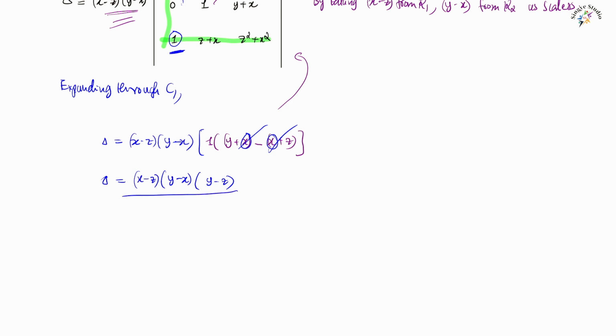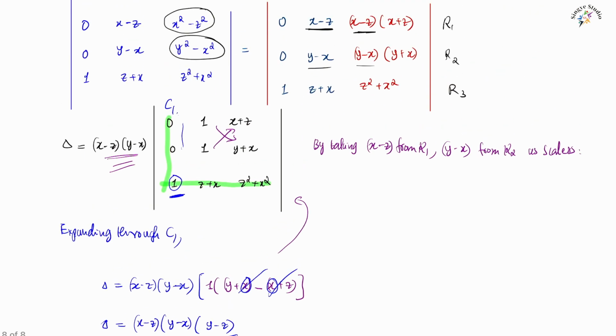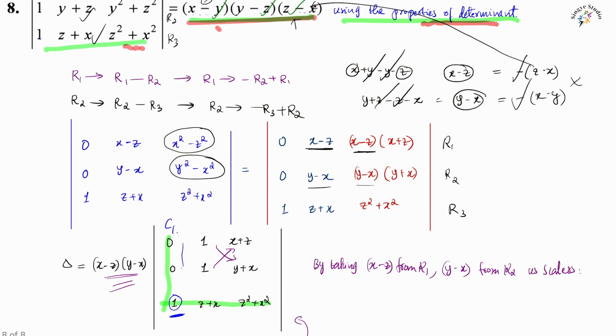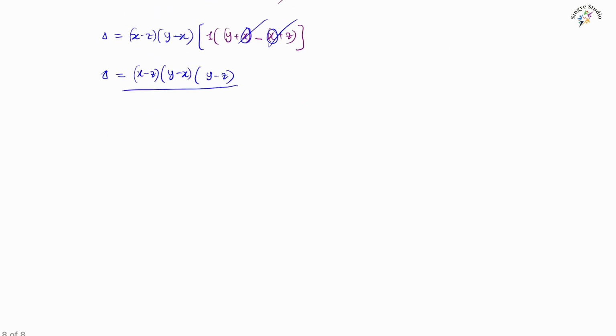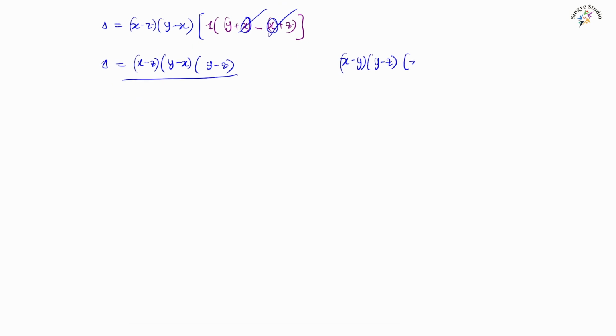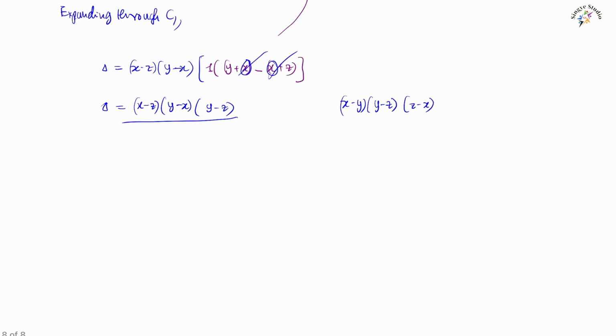In the original factors we have x minus y, y minus z, and z minus x. So here we got y minus z the same as this factor, but we didn't get x minus y, we got the opposite of this, and this z minus x, we got x minus z.